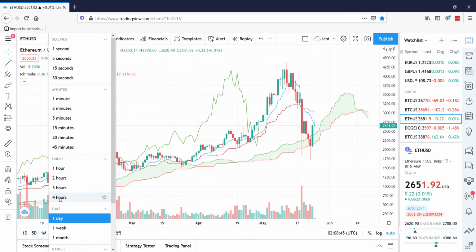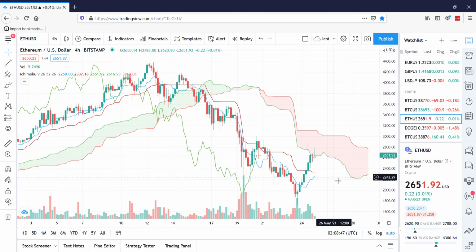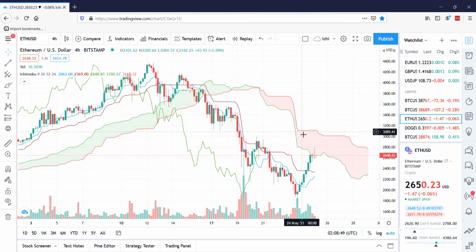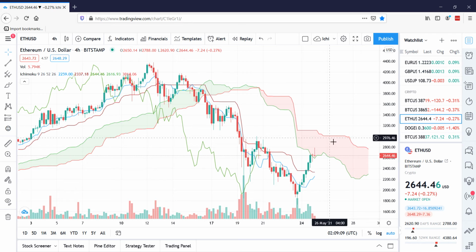Let's see if it's going to let me. Okay. So like I said, that blue line we saw on the daily chart represents the cloud in the 4-hour chart. So right now we're testing the bottom of the cloud, and it looks like we're starting to react. This can be a little tricky. This could turn into a green candle again and continue on up, and possibly even test the top of the cloud.